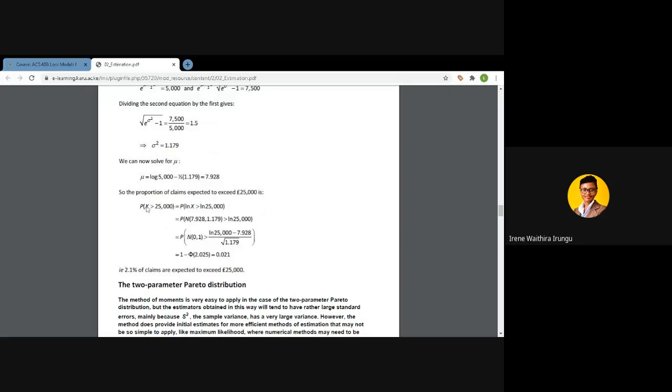We know that our x is log normally distributed, and we want to transform this random variable into a normal random variable. So we need to take the ln, and so that we do not change what we originally were looking at, we take the natural log on both sides of the equation, which is what we have done here. And therefore, this now conforms to a normal distribution with the parameters mu and sigma as determined here.